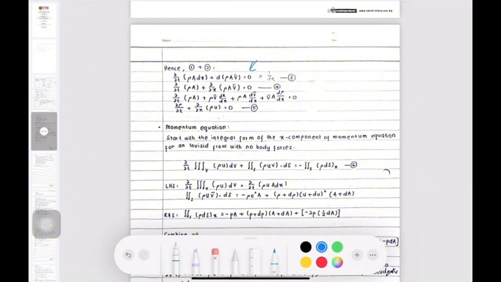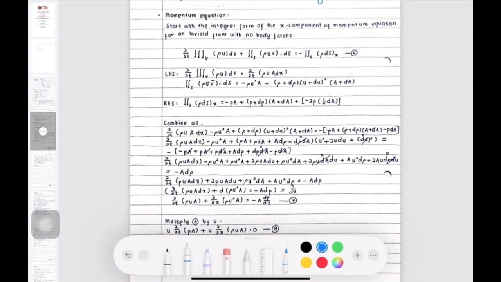Then divide by dx, and noting that the term is in the limit as dx goes to 0, by the definition of the partial derivative with respect to x, the continuity equation becomes this.